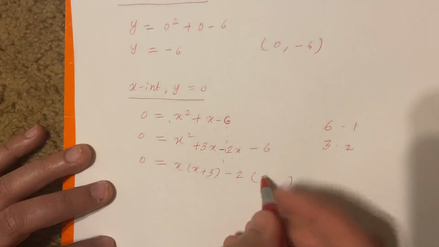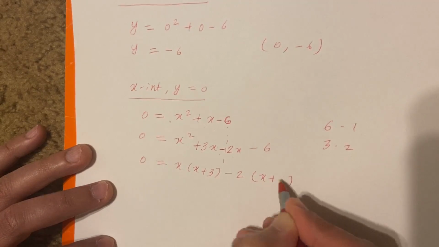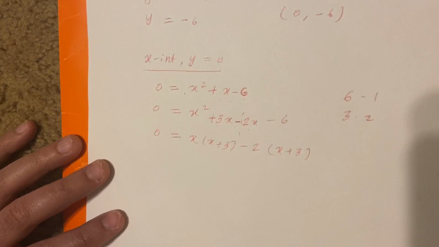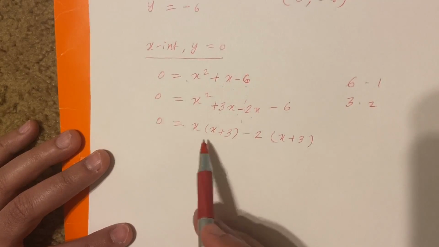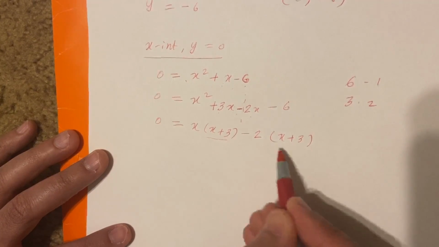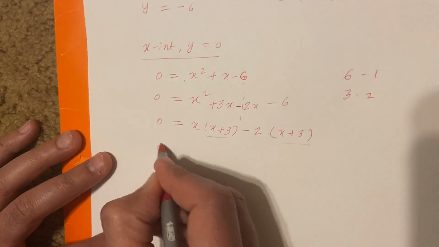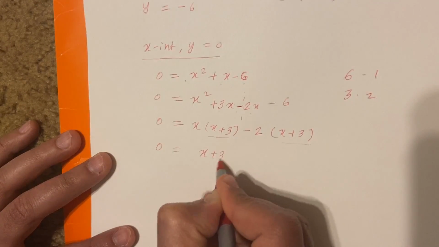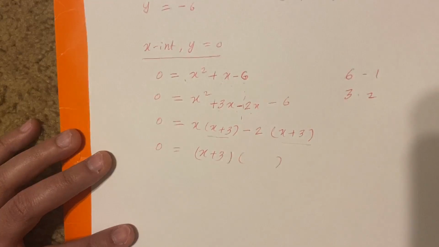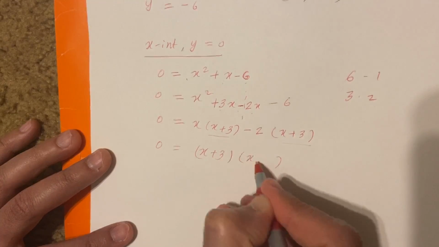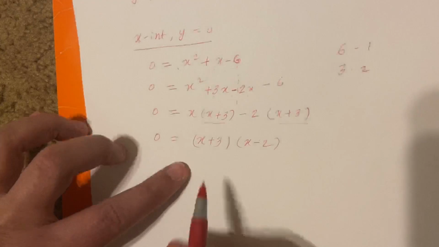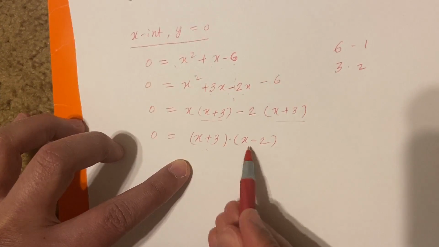If you do that, the remaining terms we get is x plus 3, right? So again, from these two, I can now factor out this x plus 3. When you factor that out, the remaining term is x minus 2. All right, so now this times this is equal to 0.